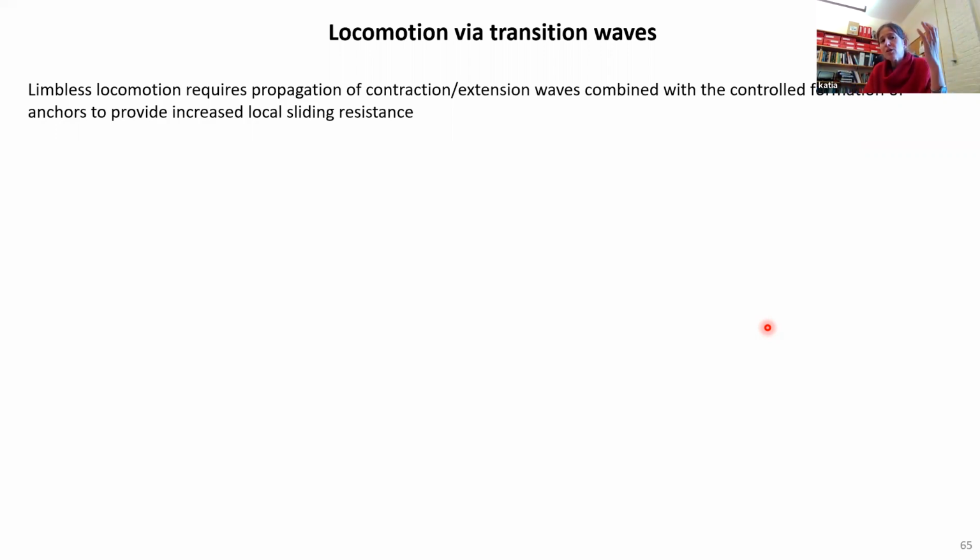What has been shown is that this organism without legs, in order to move, has a contraction-extension wave propagating through the body, and they combine this with the controlled formation of anchoring points, to basically increase local sliding resistance and to prevent backsliding.